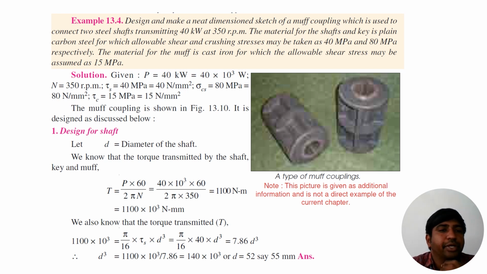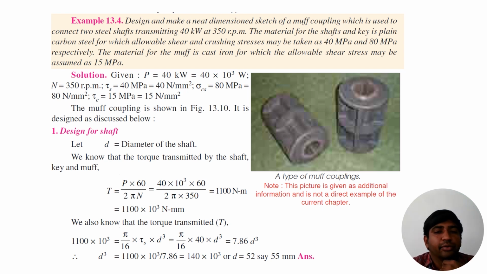First we need to calculate the diameter of the shaft. As you know, the torque formula is P into 60 divided by 2 pi n. Using this formula we calculate the torque. Torque is 1100 into 10 power 3 Newton mm.